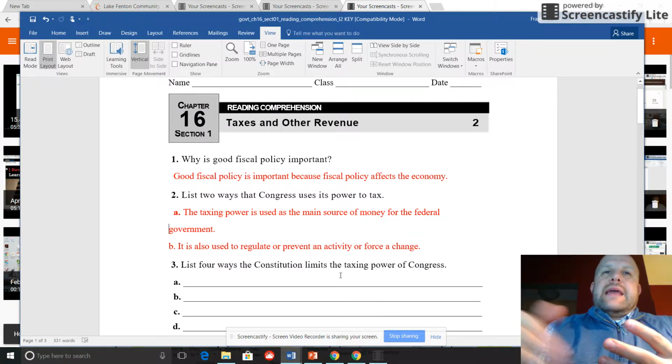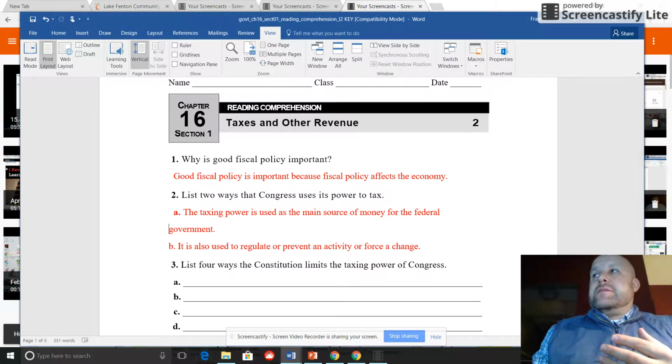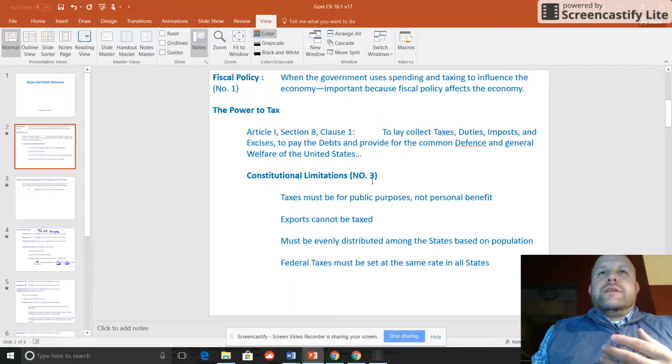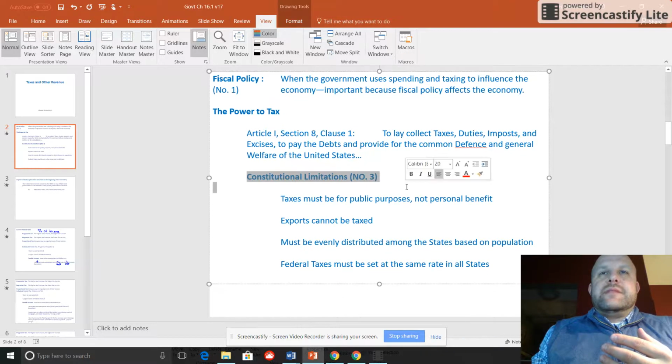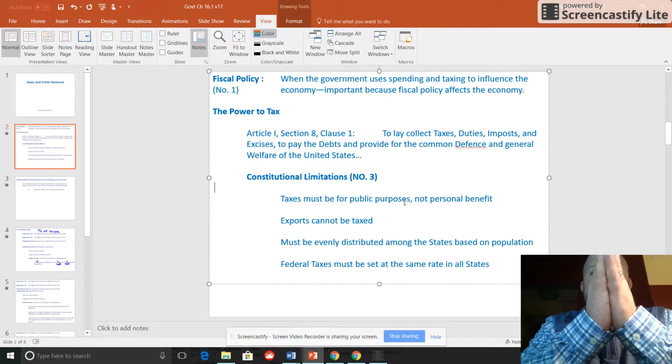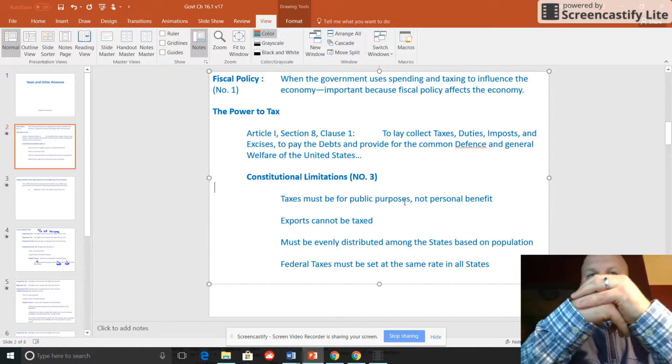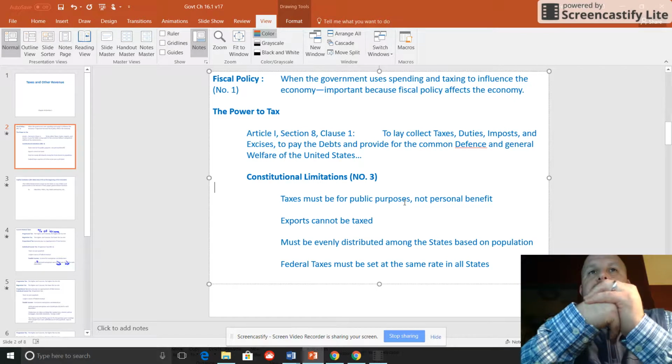So again, the Constitution does limit the taxing power of Congress, though it's not absolute. There are some limits to it. So number 3, there are four major limits here. The taxes must be for public purposes, not for personal benefit. Obviously.